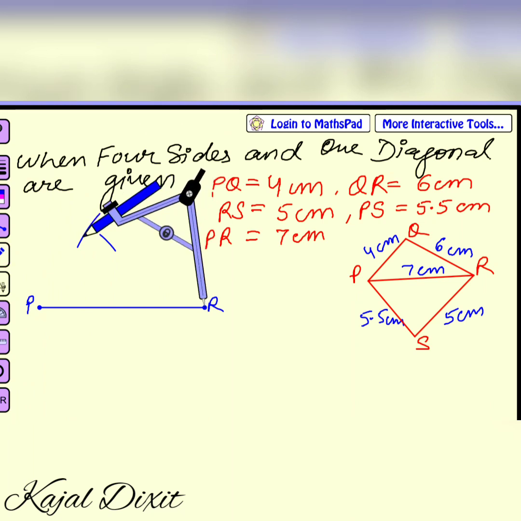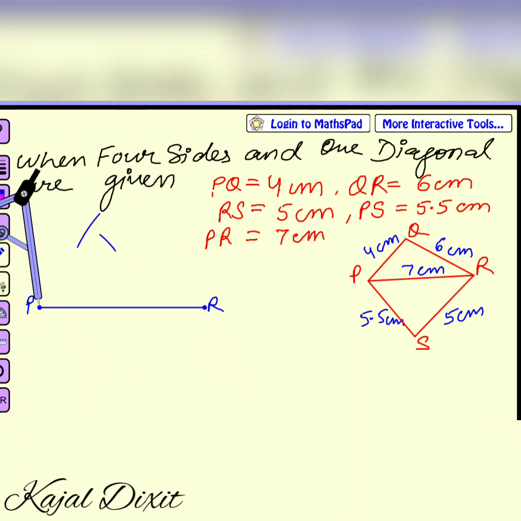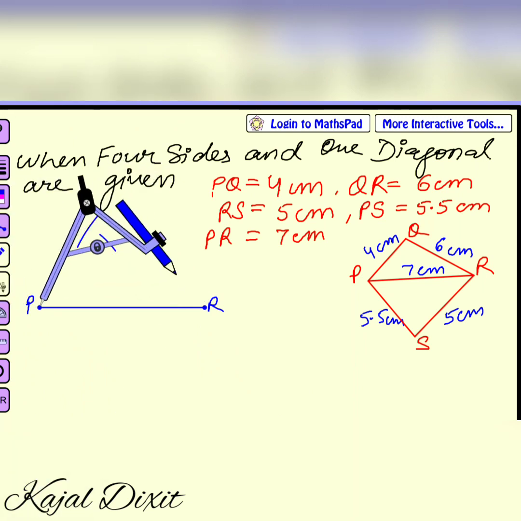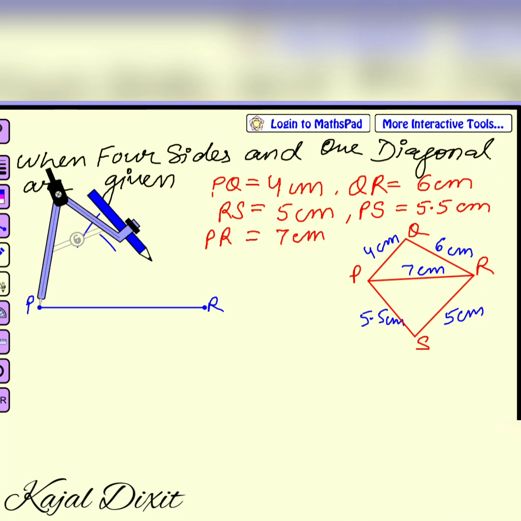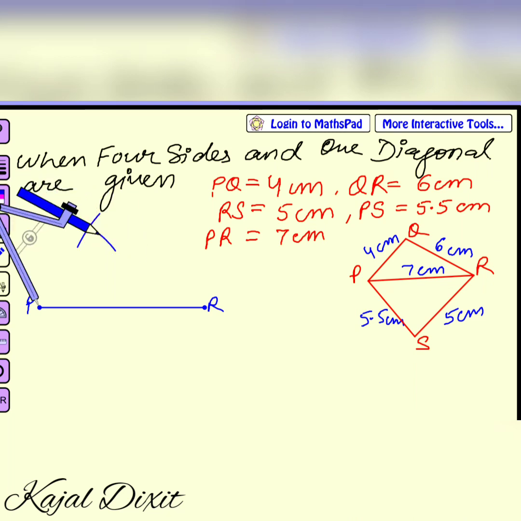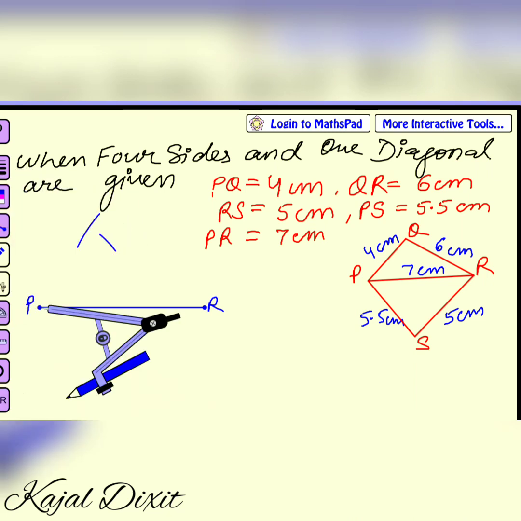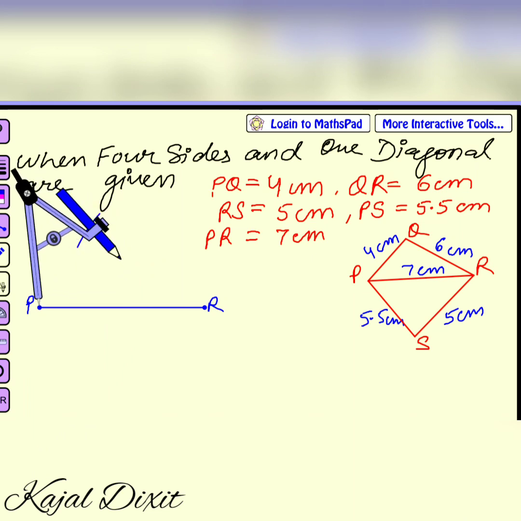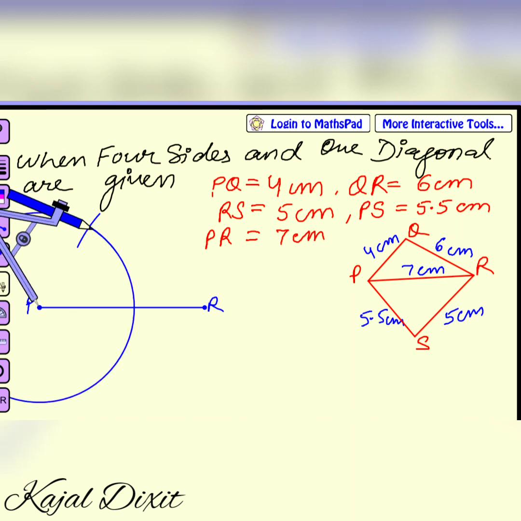If the two arcs are not intersecting, we will move the compass back to point P and try to intersect the previous arc so that we have a proper point of intersection. Now we have got a point of intersection. Let me mark this point as point Q.